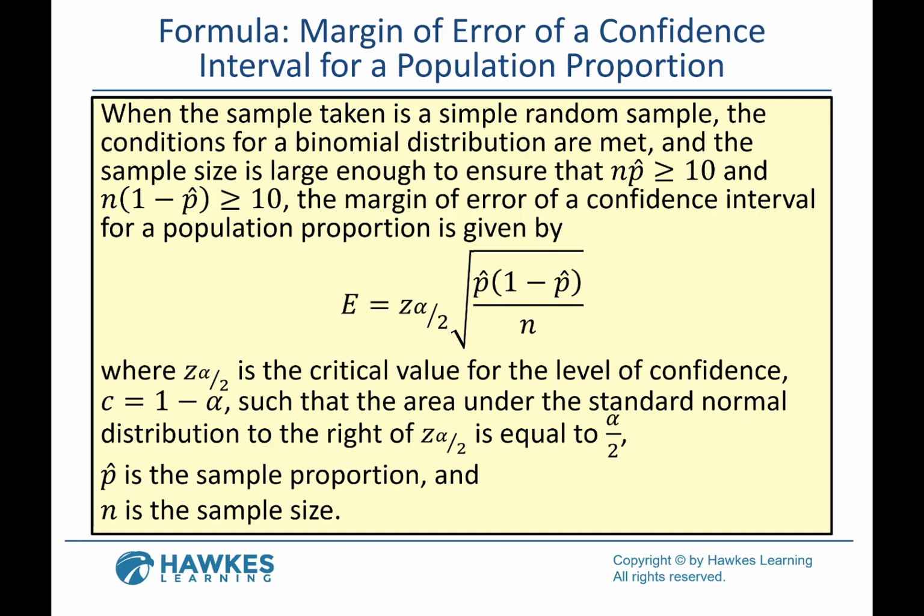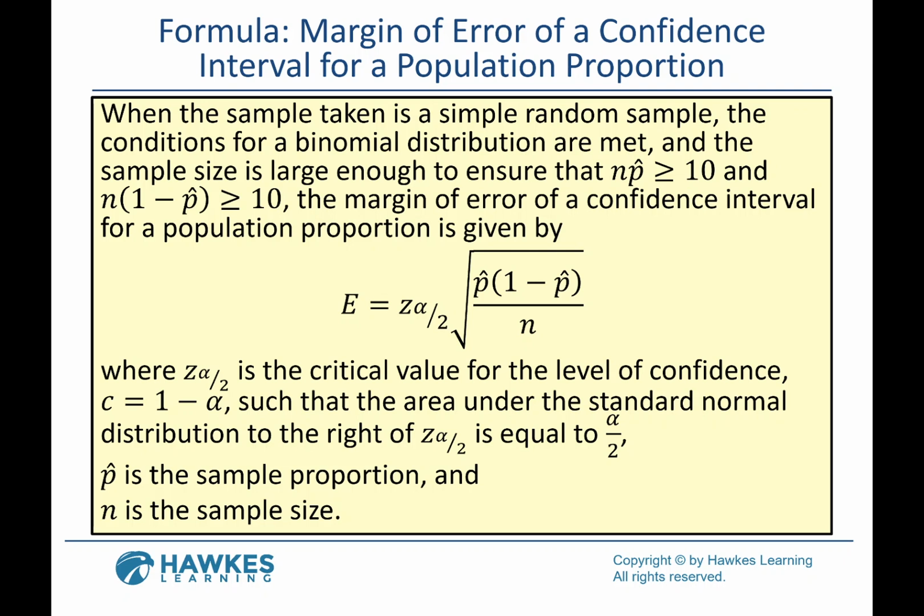We're not necessarily saying we need a sample size of 30 here. We're saying if we multiply our sample size times our sample proportion, it should be 10 or bigger. And if we do our sample size times 1 minus our proportion, that should be 10 or bigger. If that's true, those are the conditions we need to use the normal distribution instead of having to deal with those binomial tables.